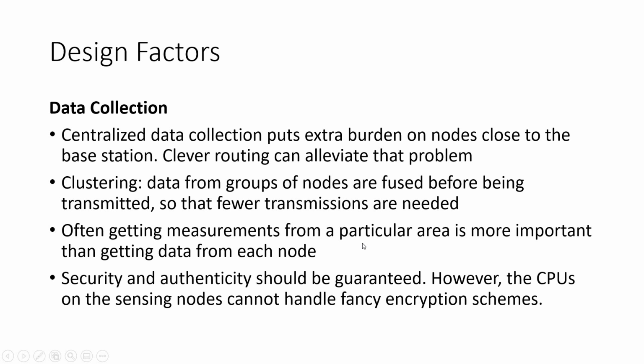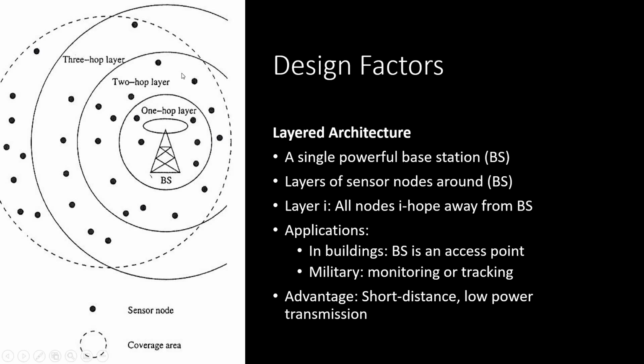So next, the design factor which comes after architecture is data collection, okay? Centralized data collection puts extra burden on nodes close to the base station, because if you go back, for example in this case, let me just turn on the laser pointer.